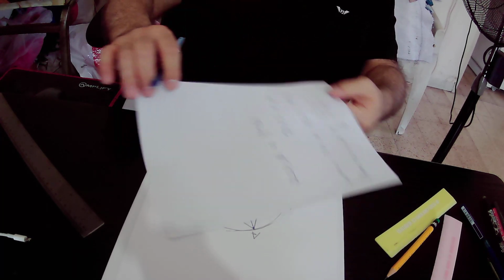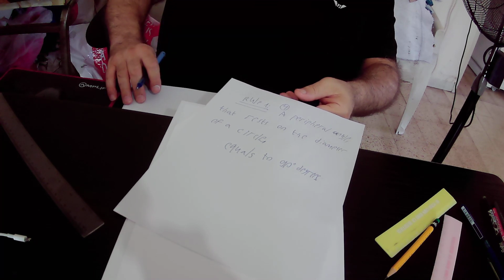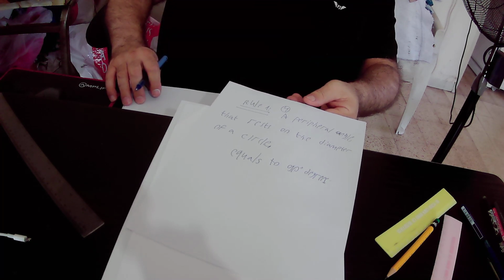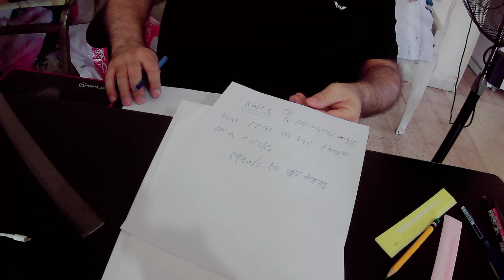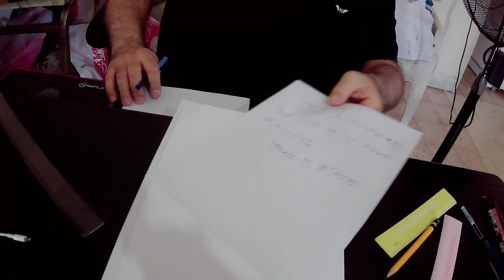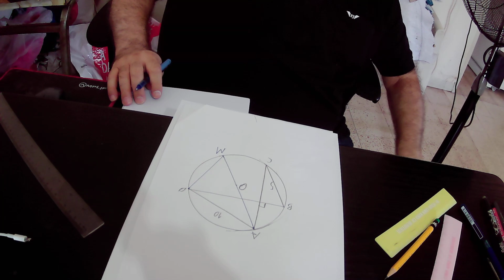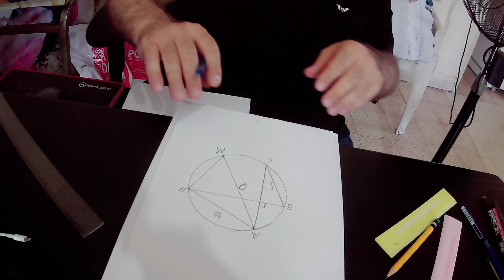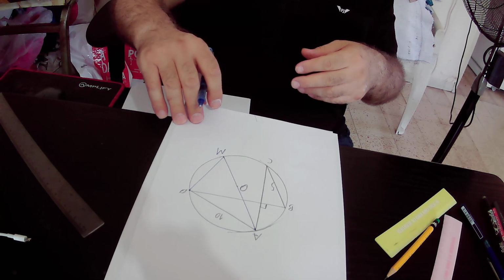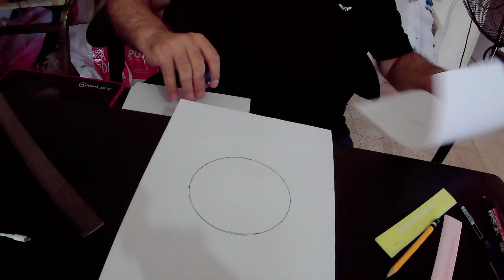Again, rule number 1 states that a peripheral angle that rests on the diameter of a circle equals 90 degrees. So I will give you an example in order to clarify rule number 1.